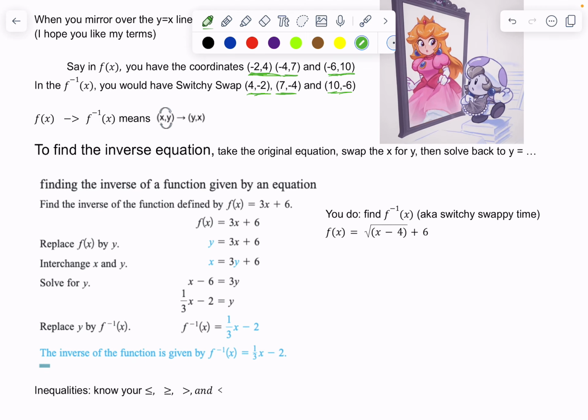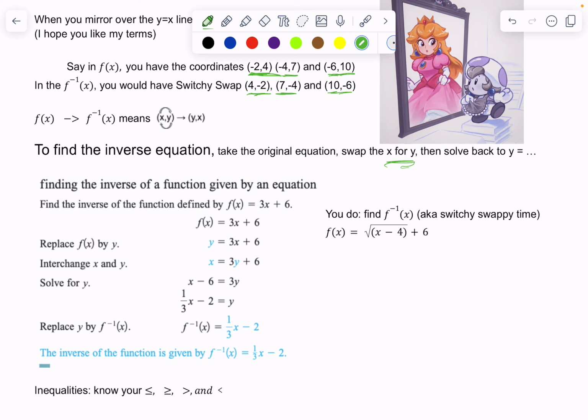In order to get this equation, however, you gotta do some work. To find the inverse equation, take the original equation, swap the X and the Y, and then solve it back for Y equals stuff. Let's check this out.